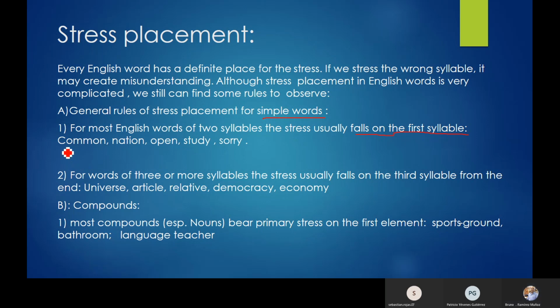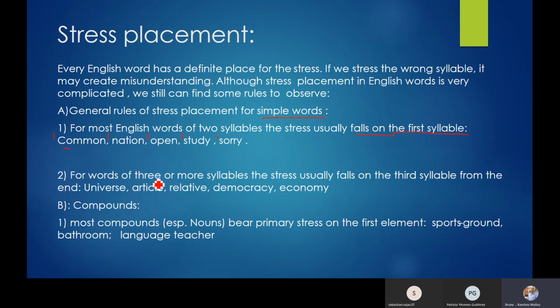Common, nation, open, study, sorry. Okay, so in English they have two syllables, the stress will usually fall on the first syllable. That's a very general rule.